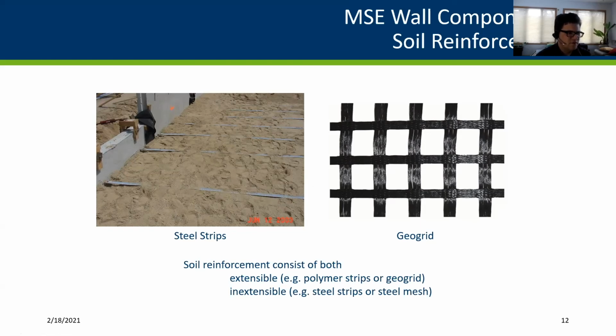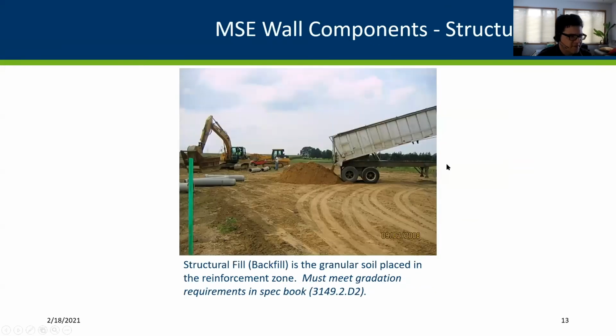Extensible and inextensible just describes what happens to the reinforcing by and large as it's being placed. So the steel strips will not stretch as you're compacting the fill, but the geogrid does stretch, and so there are some extra steps there for it. Those are a couple of different reinforcement types that we see.